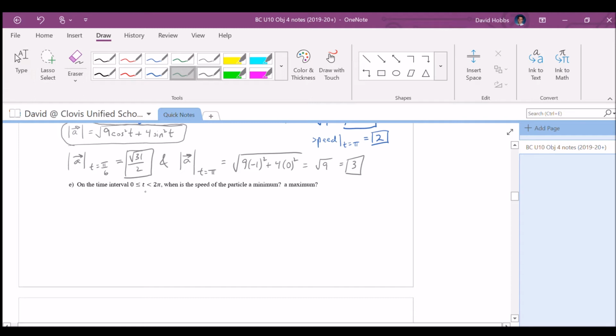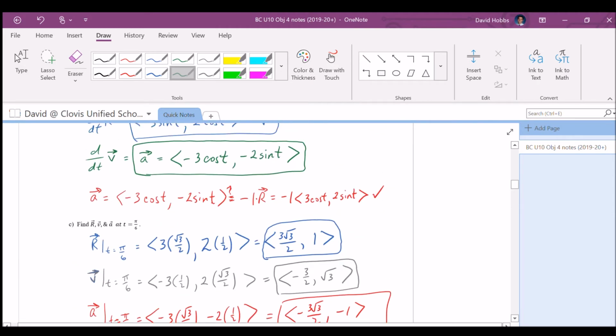On the time interval between 0 and 2 pi, when is the speed of the particle a minimum? When is it a maximum? Well, let's remind ourselves what our speed was in general.